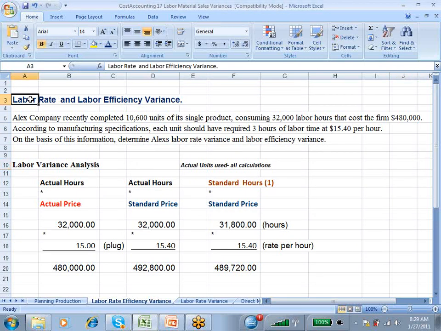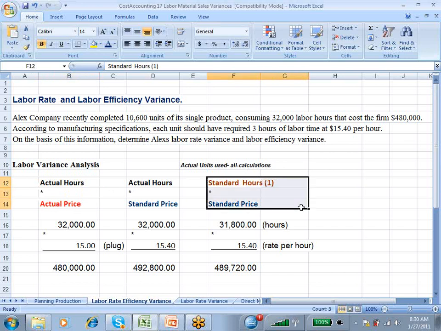Labor rate and labor efficiency. Now let's talk about this for a minute. Variances come out of the idea that we're going to have a budget that we plan on, and then we're going to have actual results. And you'll notice that the way all these charts are set up is that the actual activity, actual hours, actual price, in this case, is at the far left.